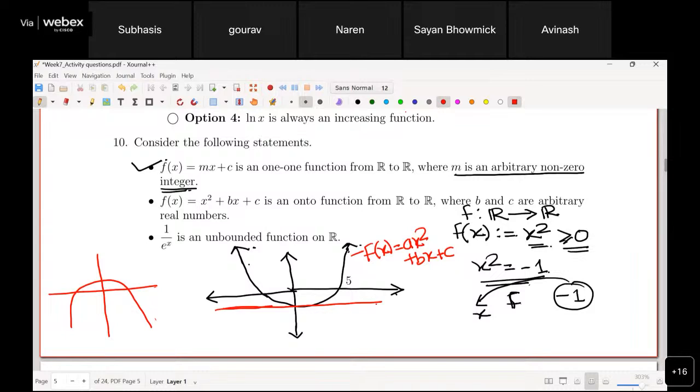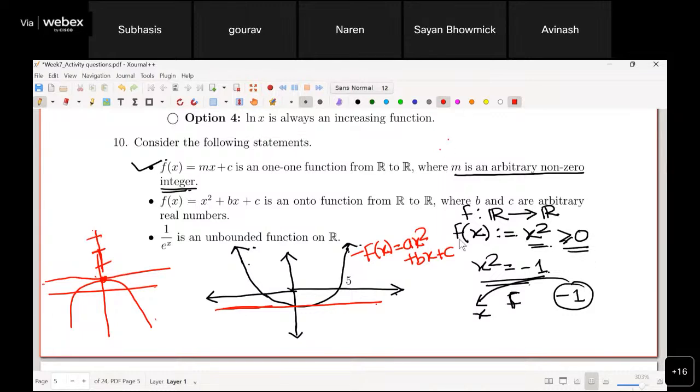If I take any number y above this point, any number here or here or here, then it has no pre-image in my domain. So in fact, any quadratic function is not onto from R to R.